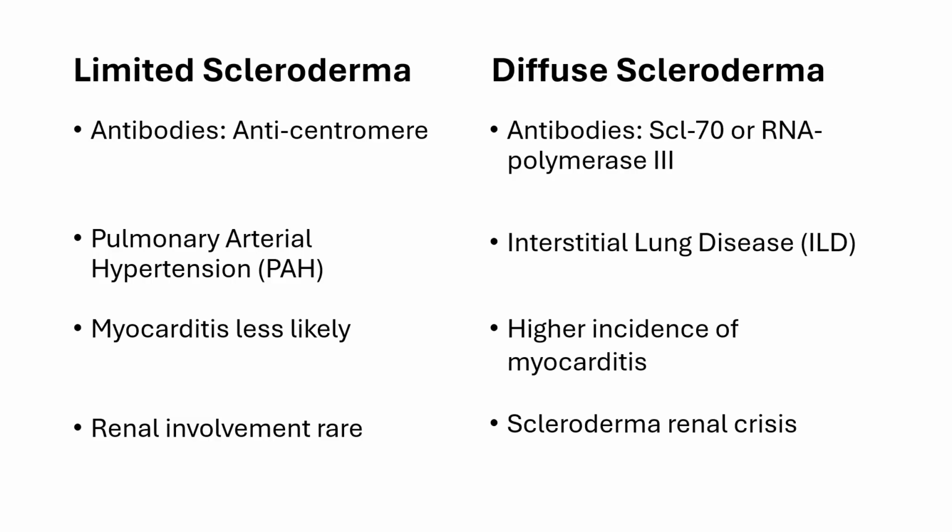My experience is that most of the residents that come through my clinic haven't heard of this or don't know what it is. So we're going to spend a little bit of time talking about scleroderma renal crisis because this is something that the internal medicine boards often like to ask about. And more importantly, this is something you don't want to miss because people will die with this diagnosis.